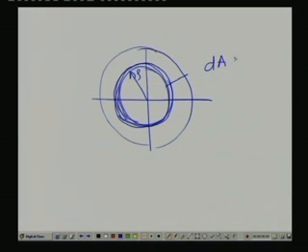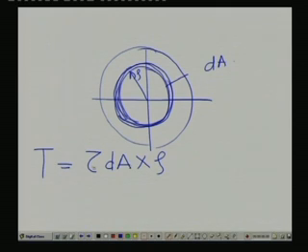So, can we not find out the net external torque T? Torque T is how much? First, shear stress into elemental area is the shear force, multiplied by rho is the torsion: tau into dA is the force, multiplied by rho, the distance.